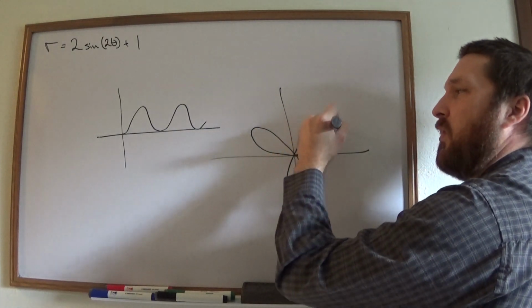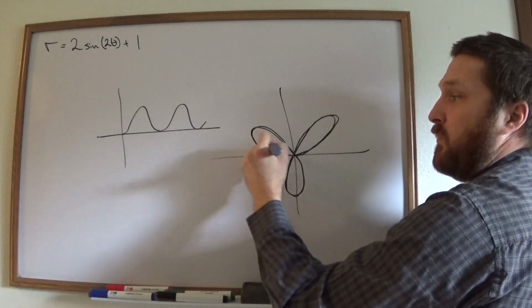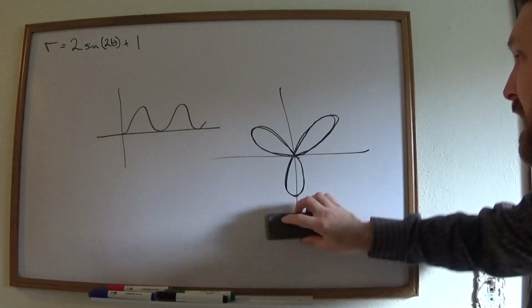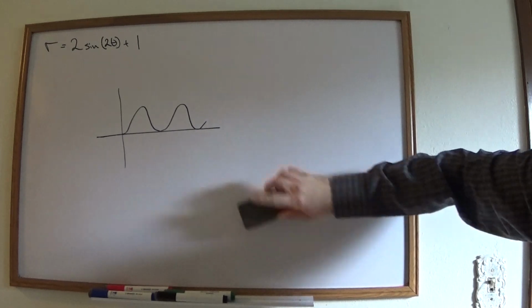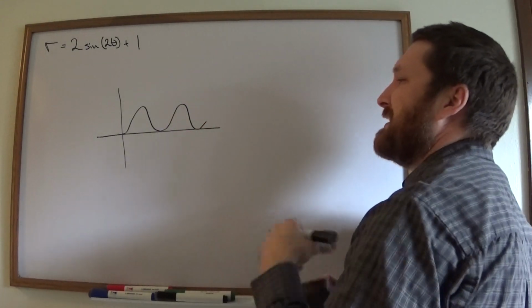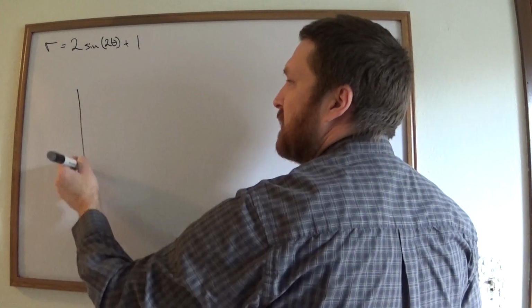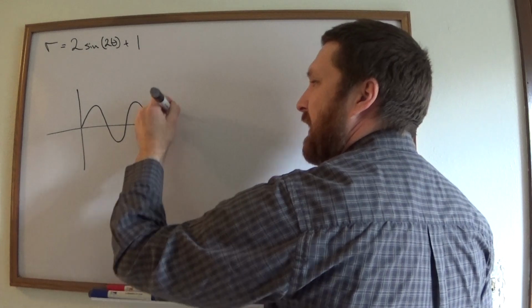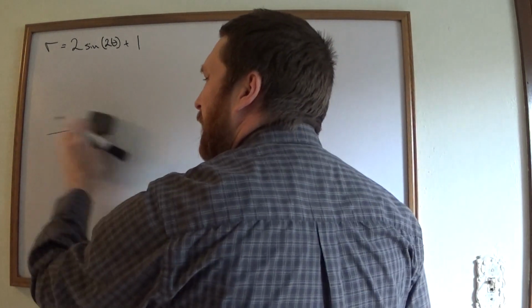But then as you go on, you end up tracing the same ones. Actually, I think that's when it's perfectly split, right in the middle, so there's no shift up or down, then you might end up with something like that.